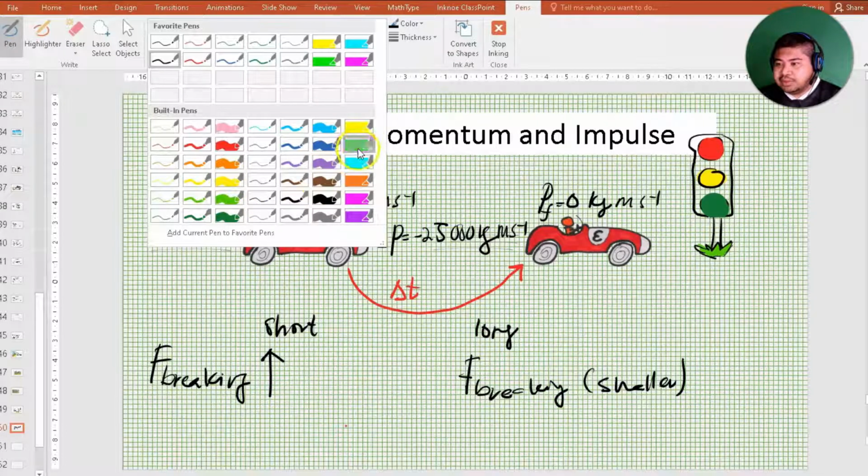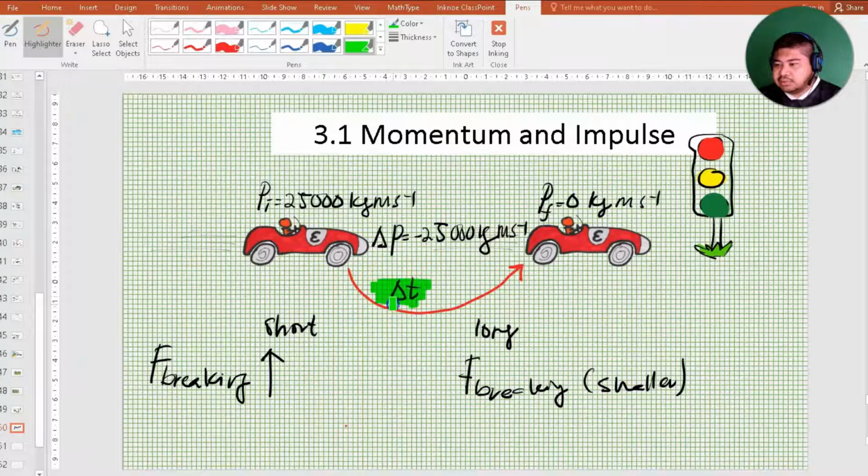I'm going to highlight the time here. The time for the change to happen will affect the amount of force that needs to be applied to stop the car.